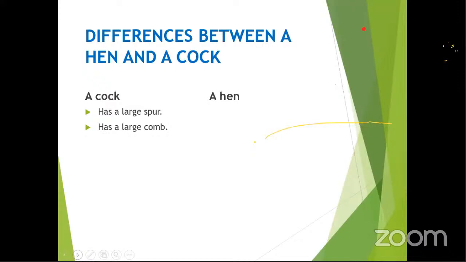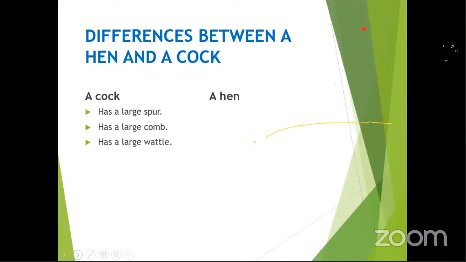The use of this spur is for fighting, for defense. Because cocks like fighting so much, hens do not like doing that. They don't usually fight. That's why hens do not have a big spur. It is poorly developed, too small.